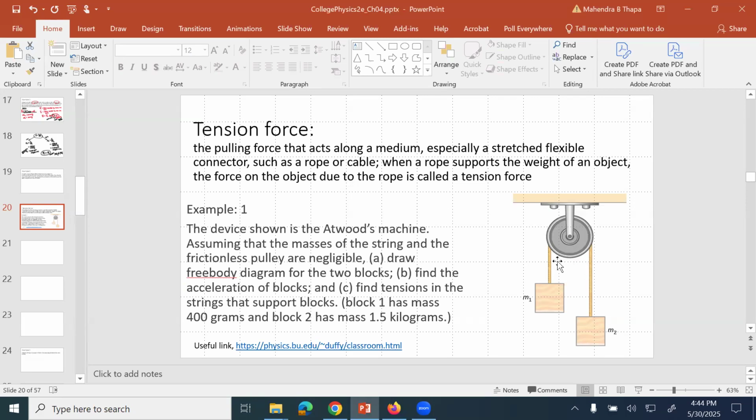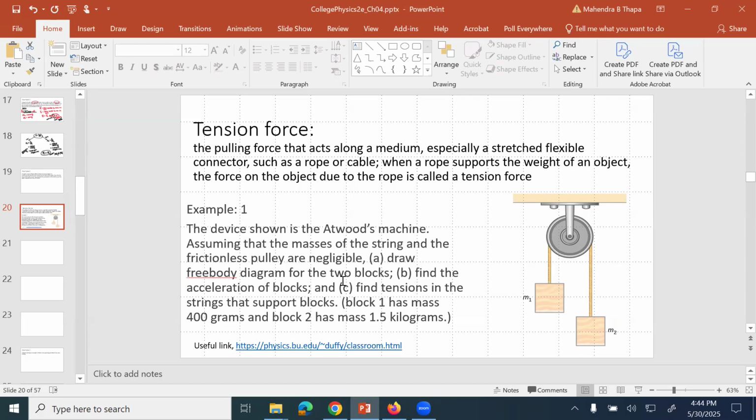We are assuming that the pulley and string have very small mass, and there is no friction. Our goal is to find the acceleration and the force on the string.